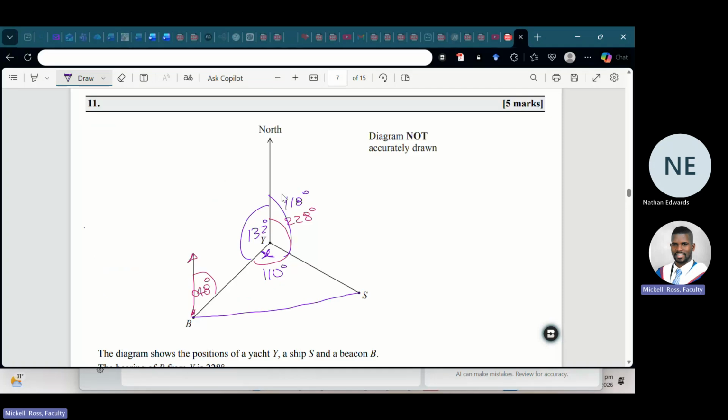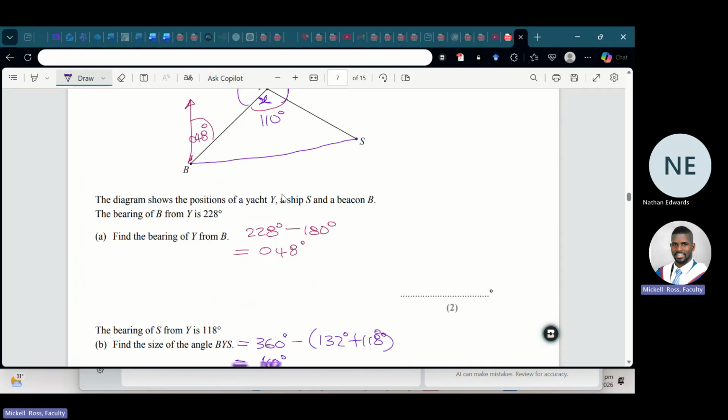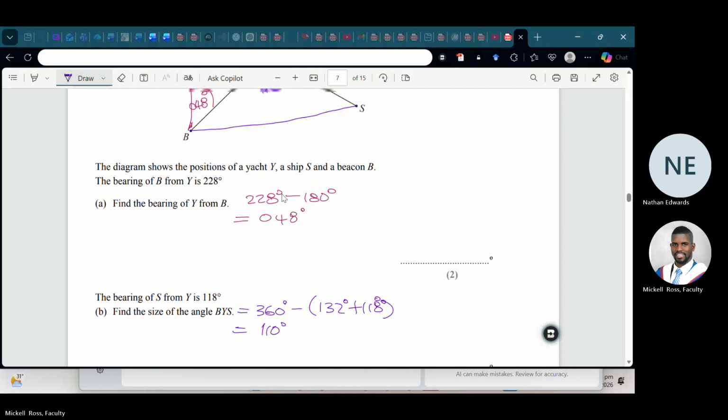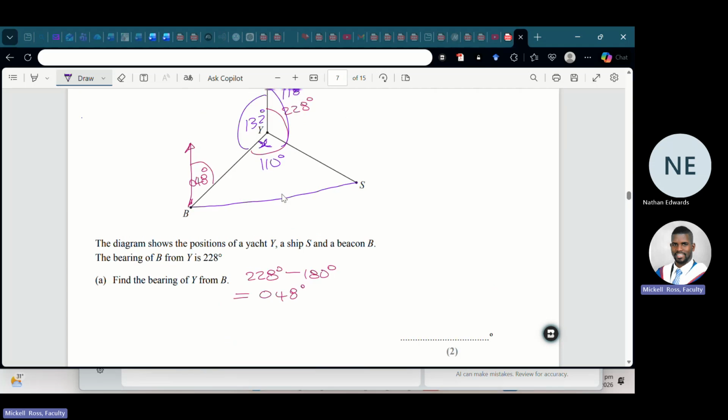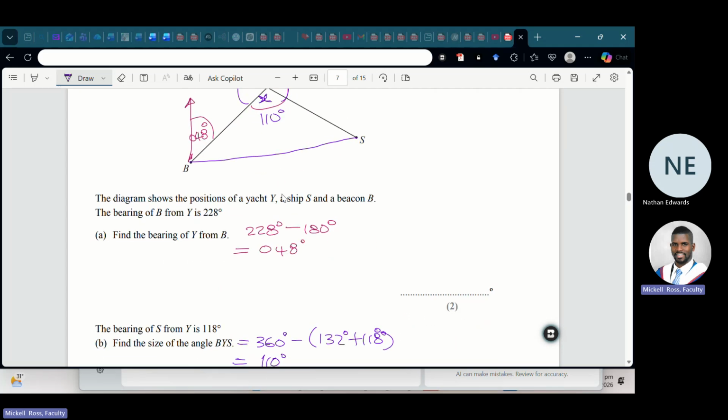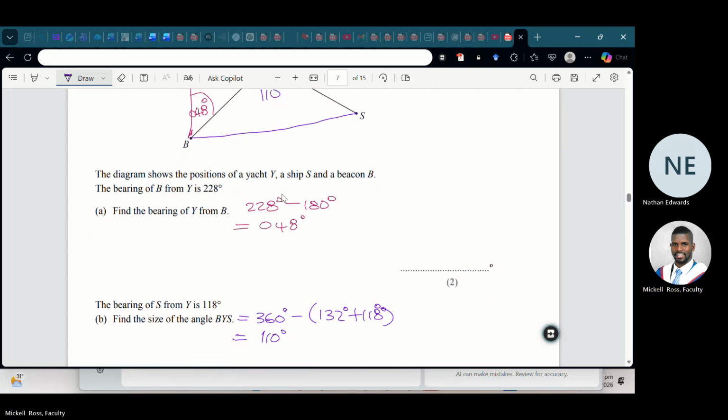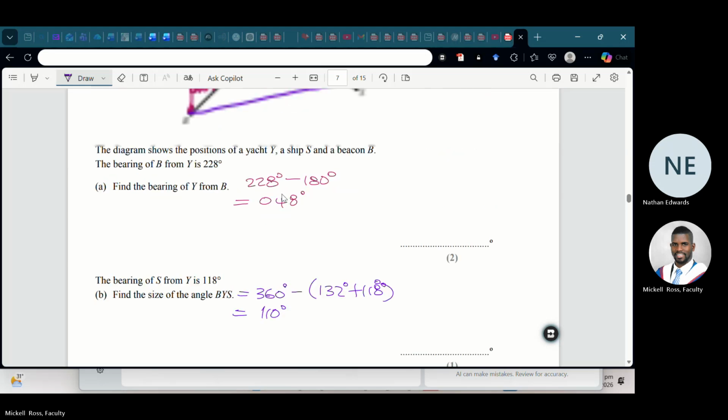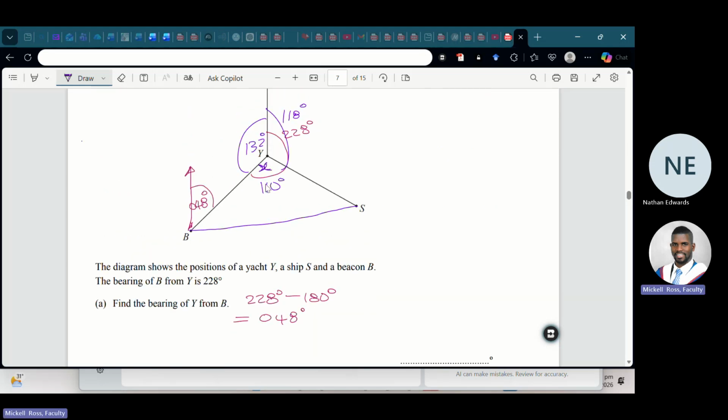So it is telling us that the lengths are the same, but we never get any lengths. It is saying that this side and this side are the same length.